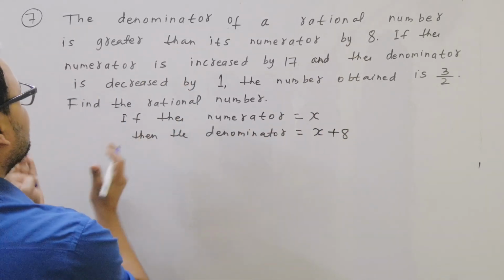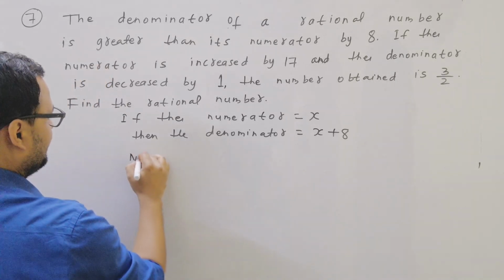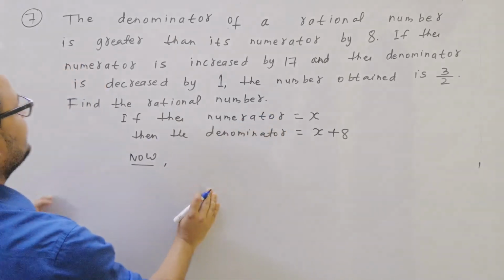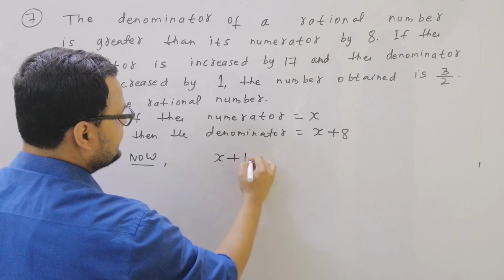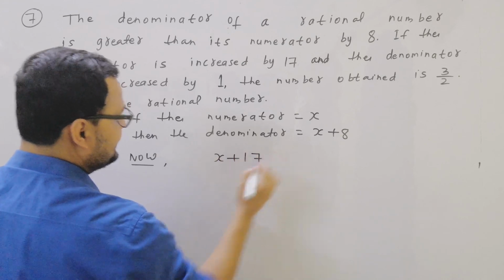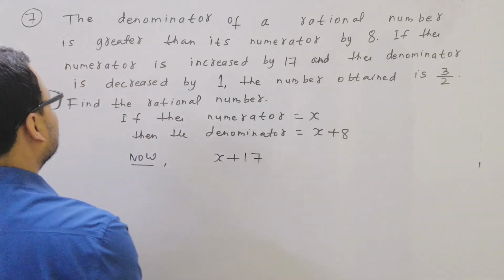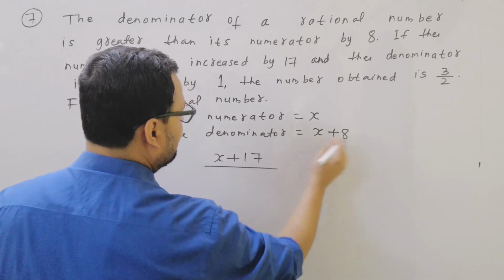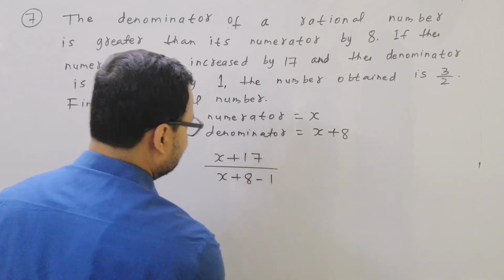Now the numerator is increased by 17, it means x plus 17, and the denominator is decreased by 1.